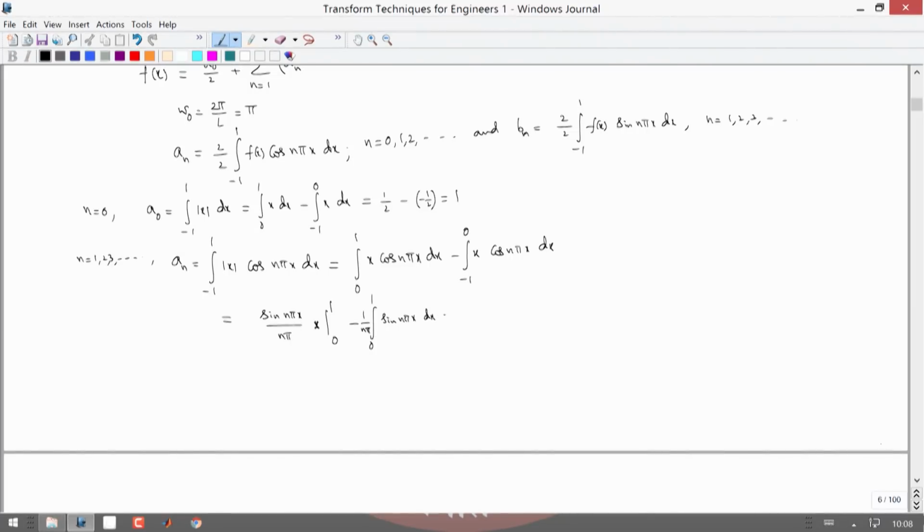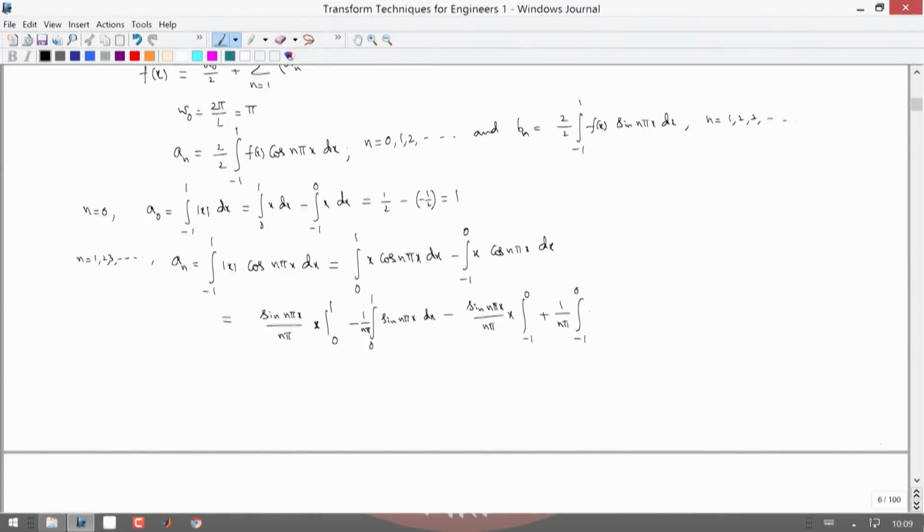Do the same thing for the other part. So, you have sin n pi x by n pi times x. Now, we substitute minus 1 to 0, and you have minus minus plus 1 by n pi, minus 1 to 0.